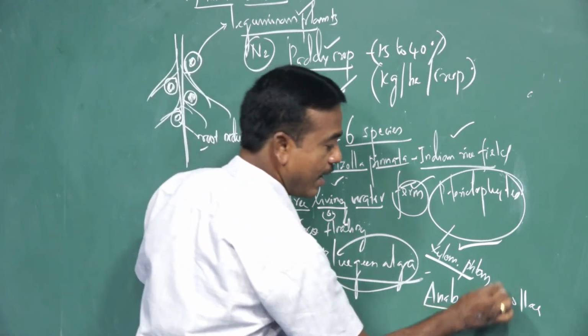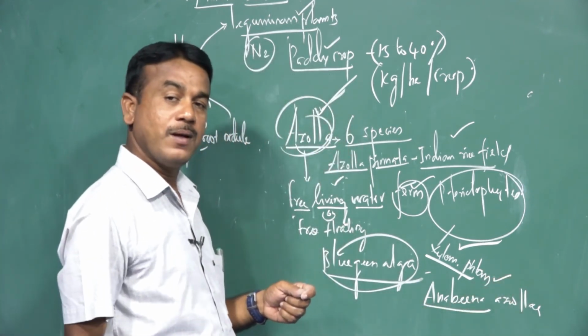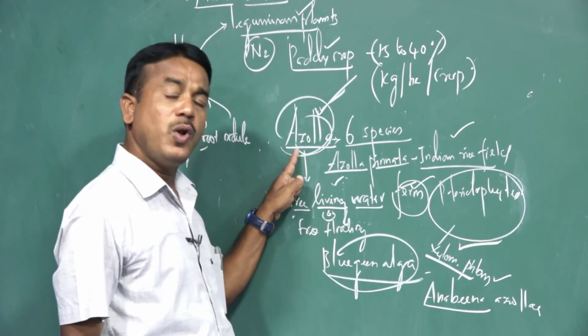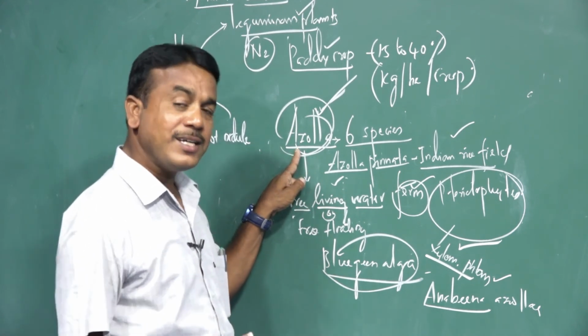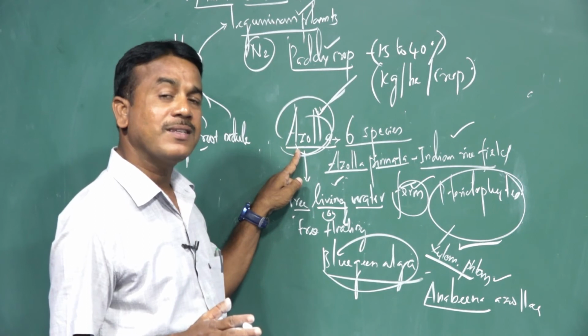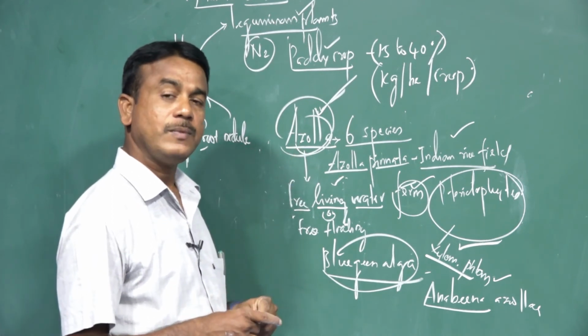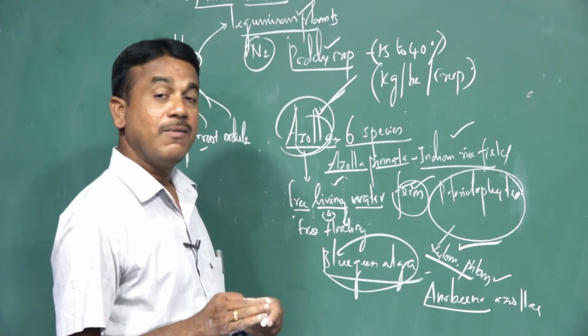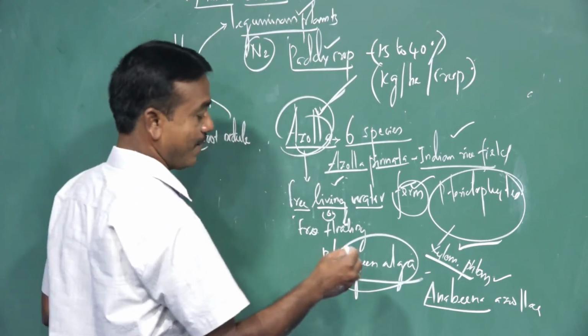So Azolla acts as one of the important fertilizers in the rice field, particularly in wetland rice cultivation.